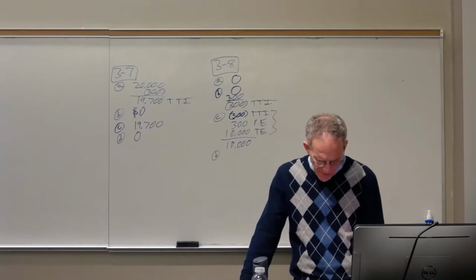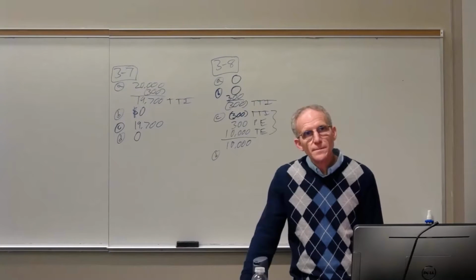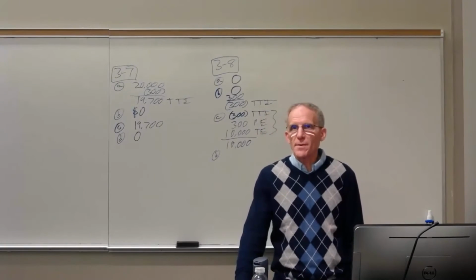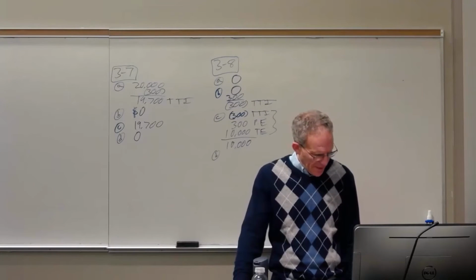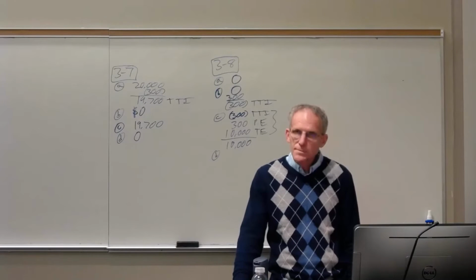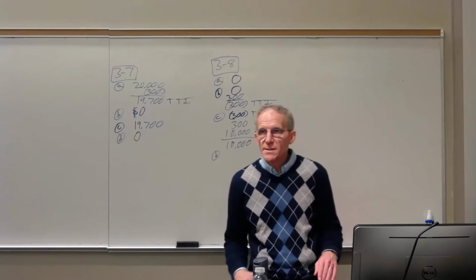What is the trust fiduciary accounting income? That's the amount that she can jump up and down for, right? How much can she jump up and down for? 10,000, right?